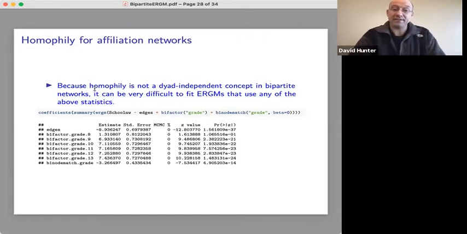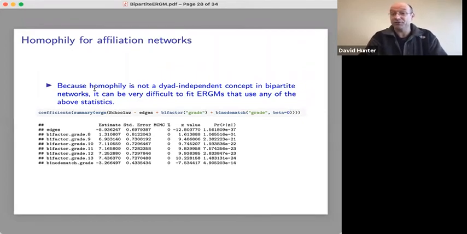It turns out that it can be very difficult to fit these ERGMs. In fact, the only one of the three concepts from the previous slide that I was able to fit to a simple model for this school network is the one that counts the edges that belong to a two-path that ends in matching nodes, and that uses the beta equals 0 concept.